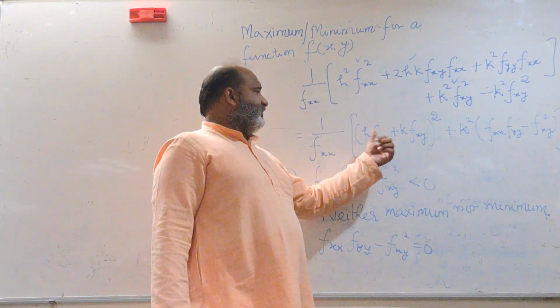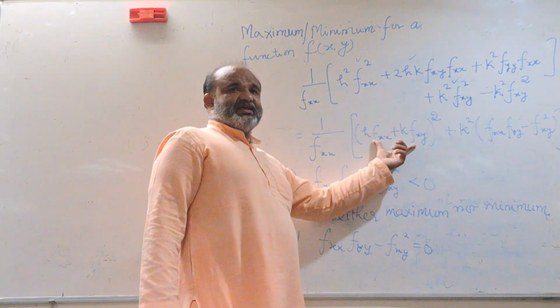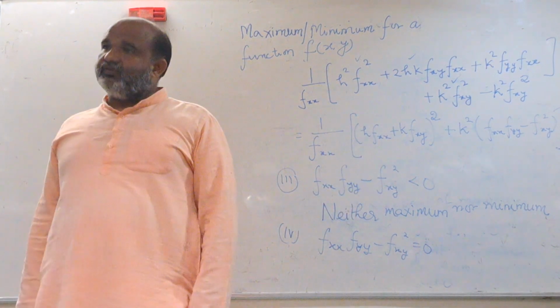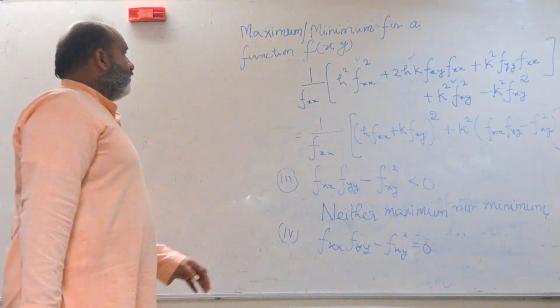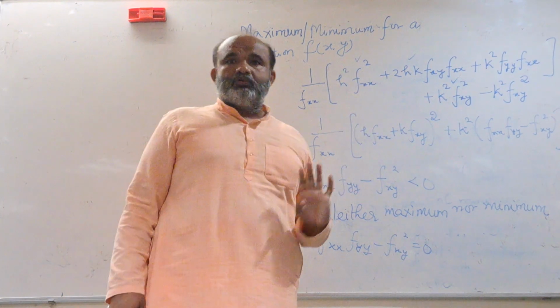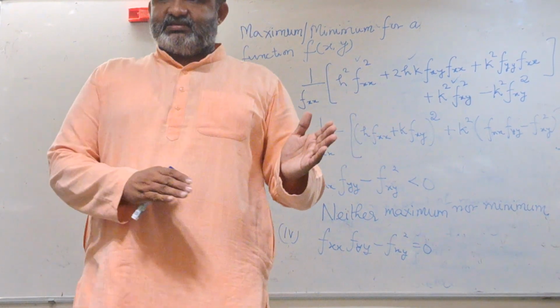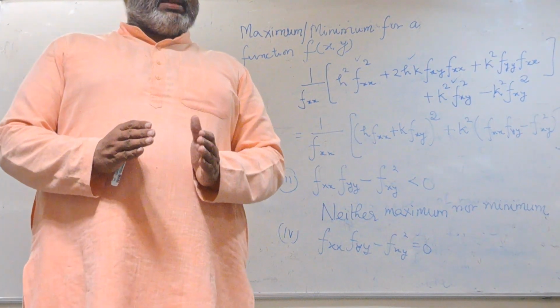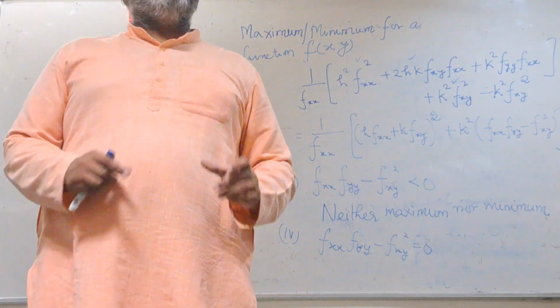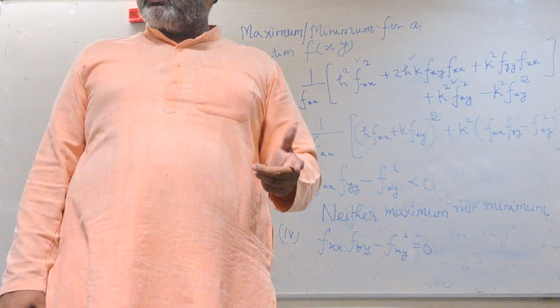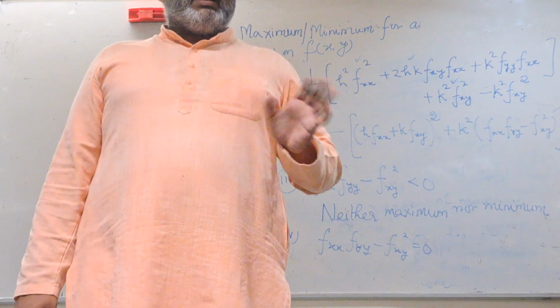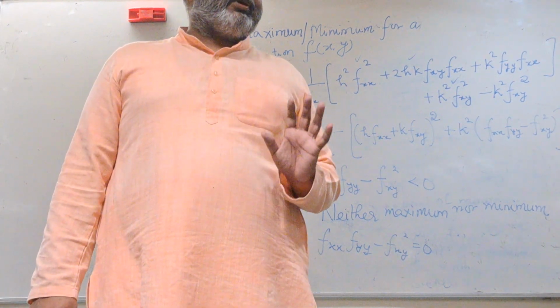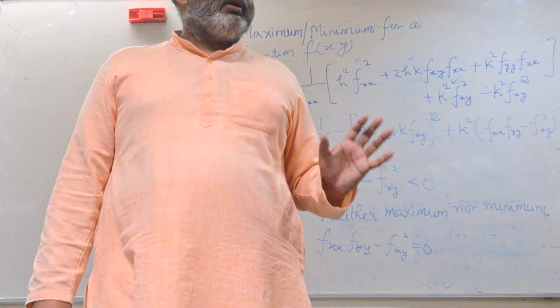Now if I choose values of h and k such that this expression is equal to 0, this will become equal to 0, like f(x+h, y+k) minus fxy will become equal to 0. And in that case I cannot make any certain statement about the nature of that point.